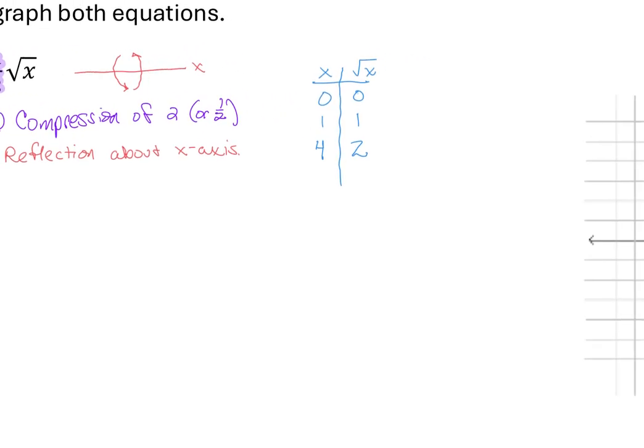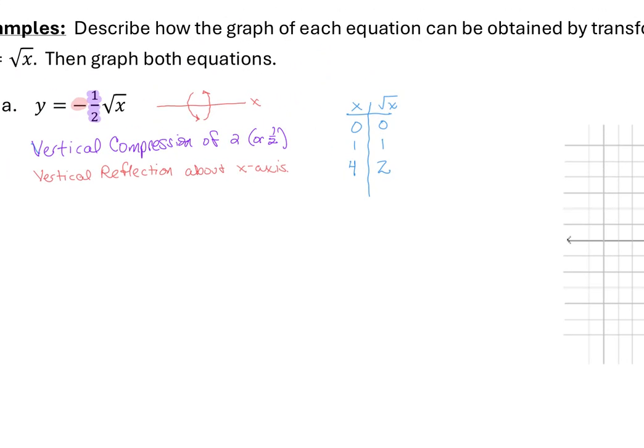And so when we do this, our x-coordinates stay the same. They are going to stay 0, 1, and 4. I want to multiply my y-coordinates by 1/2, so we get 0 times 1/2 is 0. And if we multiply that by a negative, we also get 0.